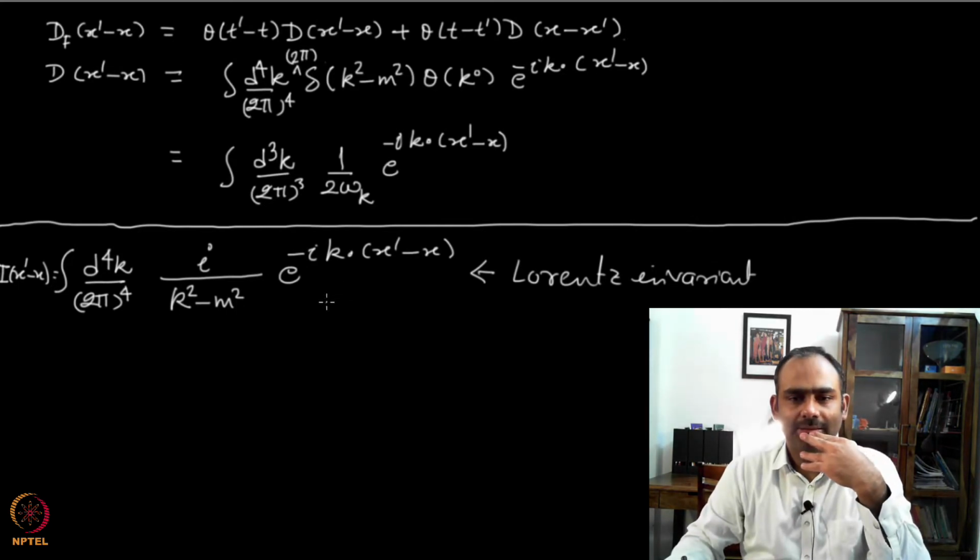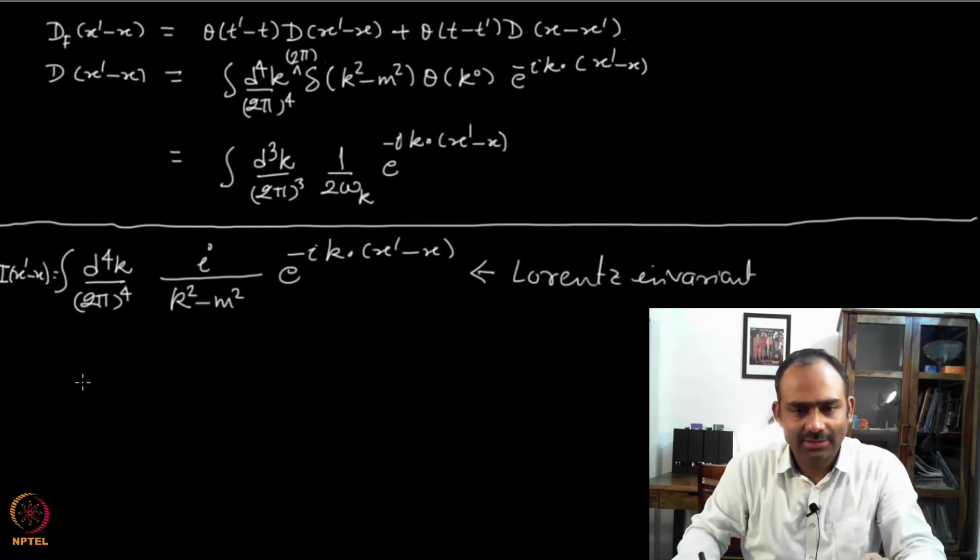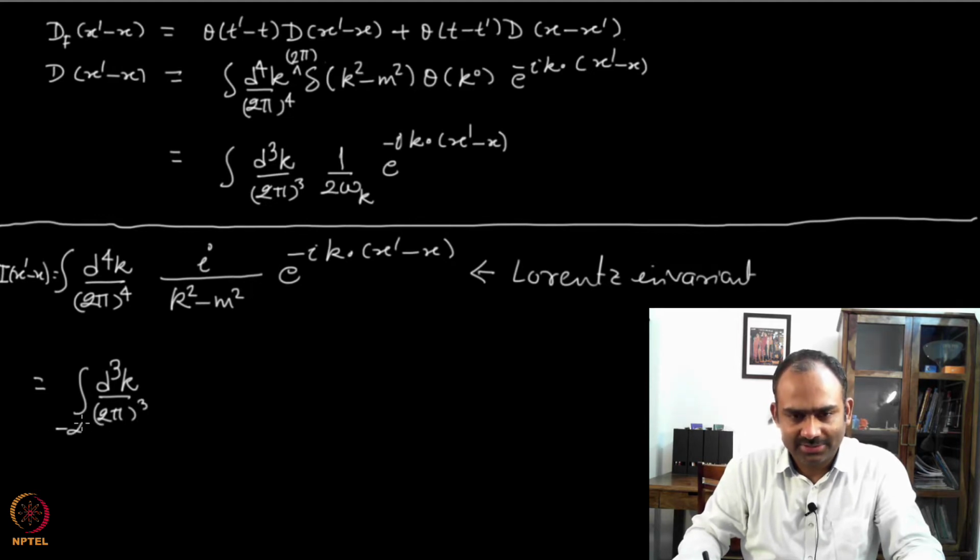Now, let us look at this a little more closely. I will write it as d^3k over (2 pi)^3, and the limits are from minus infinity to plus infinity.